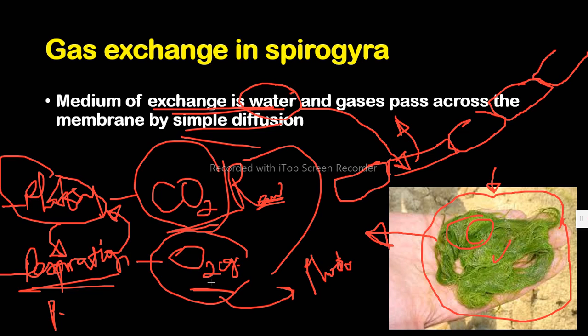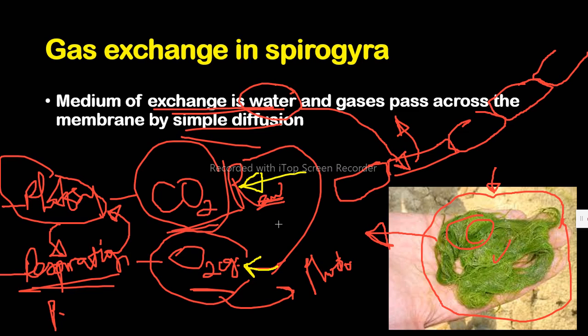Why? Because the oxygen produced in photosynthesis is enough for respiration at that point, and the carbon dioxide produced from respiration is enough at that point.